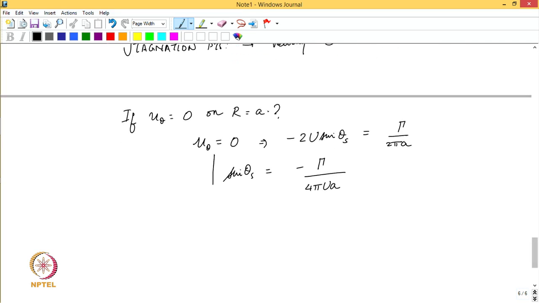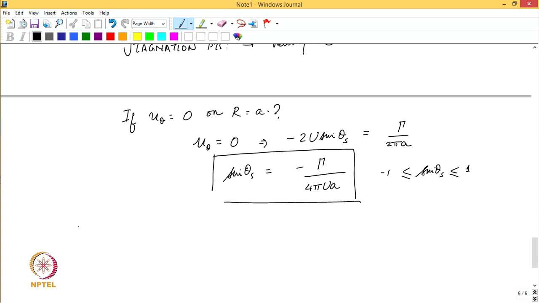Now, this equation can have quite a few solutions, and it also depends on the right hand side. I know that sin theta s can only be between minus 1 and 1. So, the only way this can be valid is if the right side is also a number which follows this criterion, that it is between minus 1 and 1.